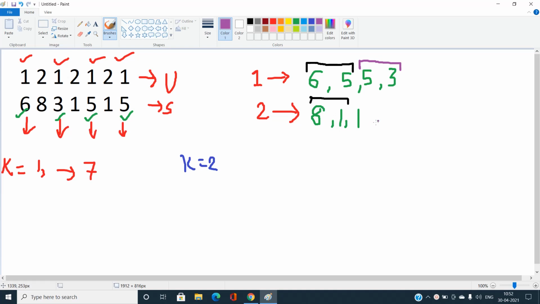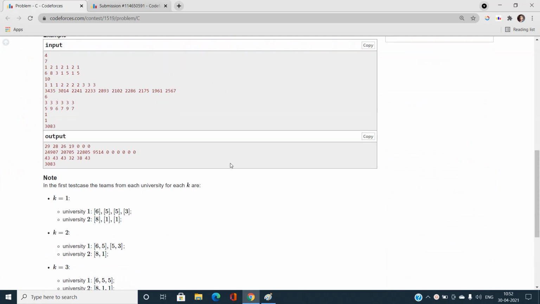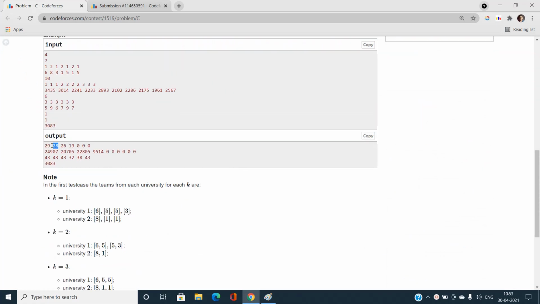No, I cannot, because the only leftover student is 1. I cannot form a team whose number of students is 2. So the only values included in our answer are these, and this value is excluded. My answer would be the total sum 29 minus 1, which is 28. If you look at the sample test case, for k equal to 2 the answer comes out to be 28.